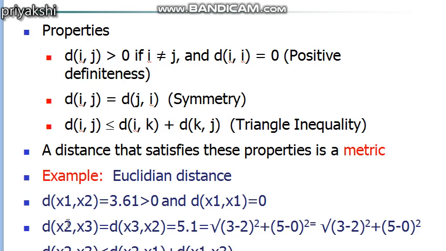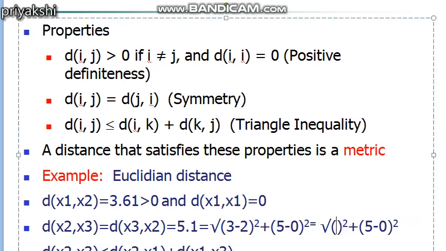But if you reverse the elements, which will be distance of x3 comma x2, then it will be opposite. It will be (2 minus 3) whole square plus (0 minus 5) whole square. Since we are squaring the term, though here it is plus 1 and here it is minus 1, both values will be the same.